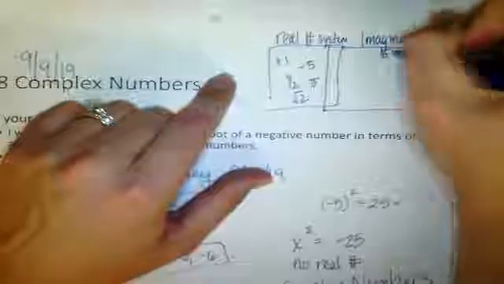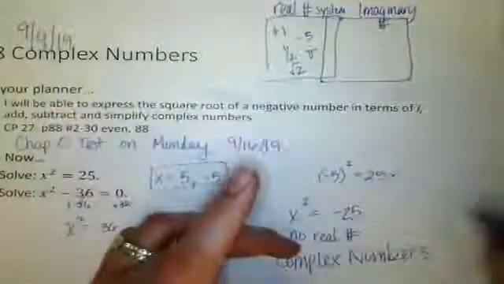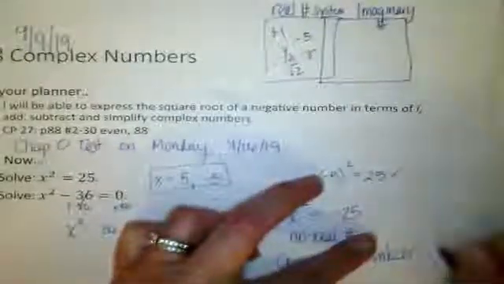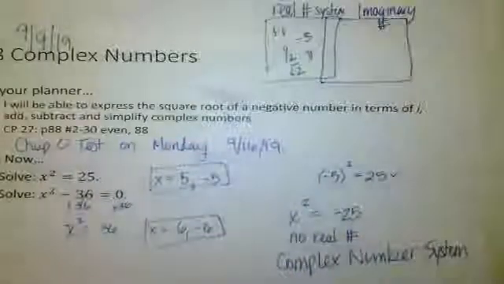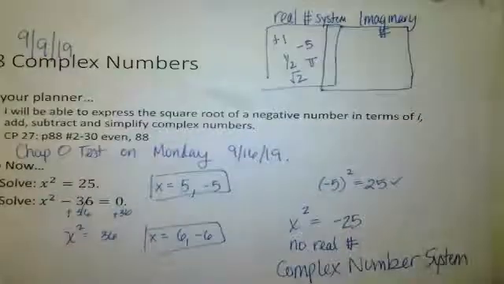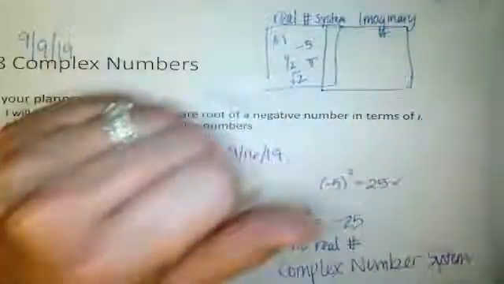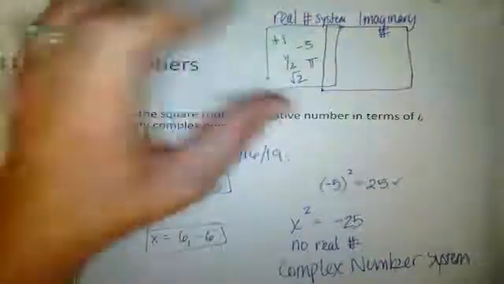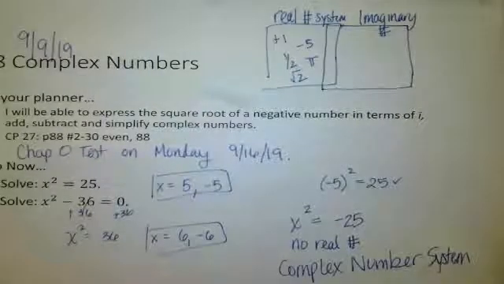And these 2 things put together, now we have the complex number system. So we have this whole other set of imaginary numbers that we get to include now with our answers, in addition to our real numbers.